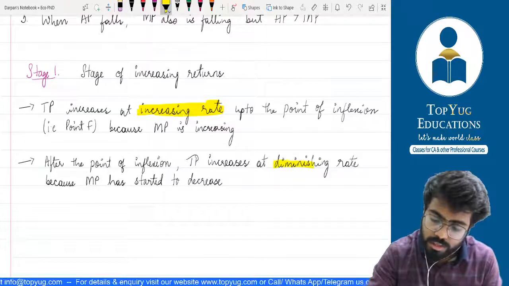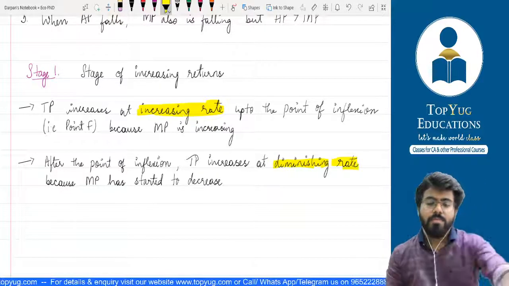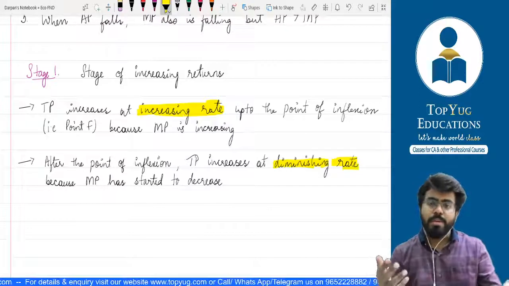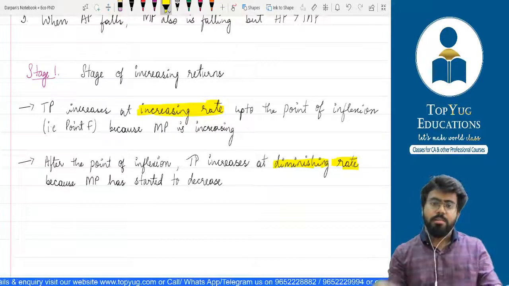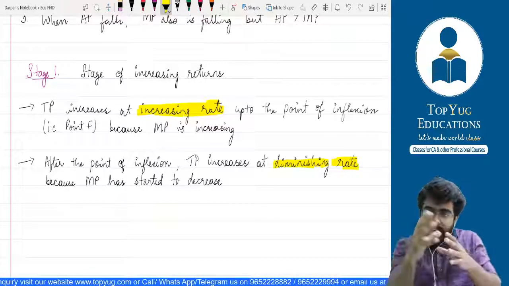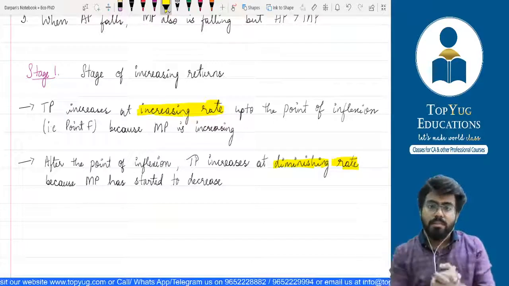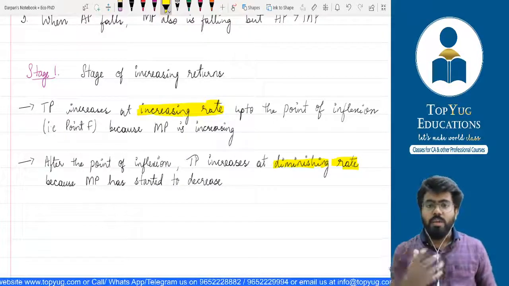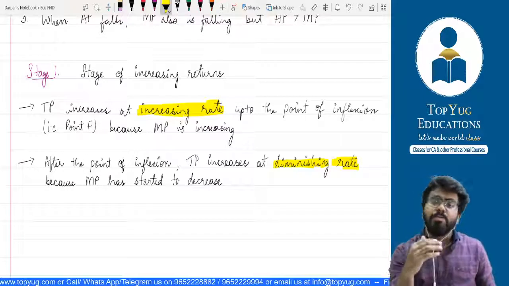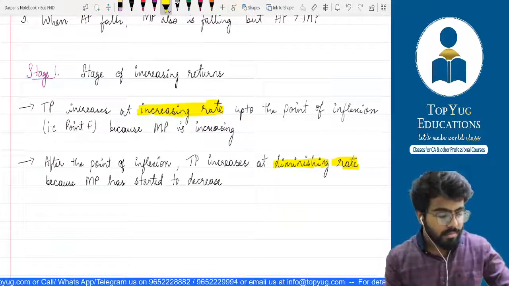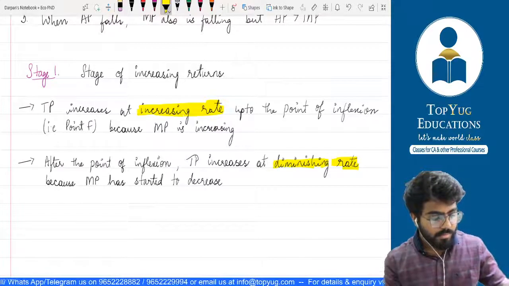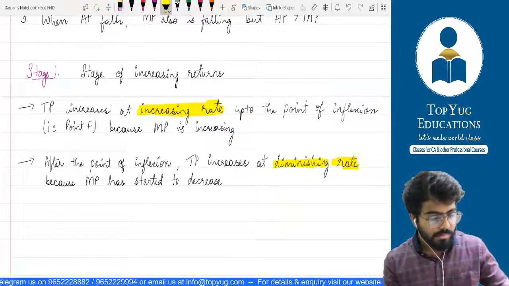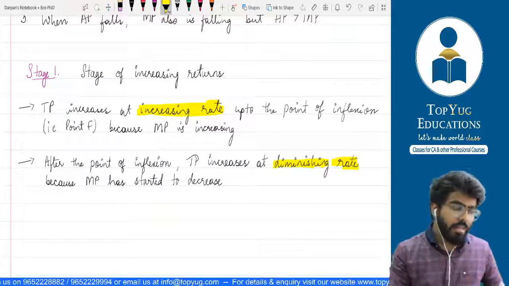Correct? TP is nothing but additions of MP. If MP is being added to TP, then the rate of change in TP is nothing but MP, right? So MP is decreasing, so obviously TP will increase but at a diminishing rate, right? Okay, done. Next point.